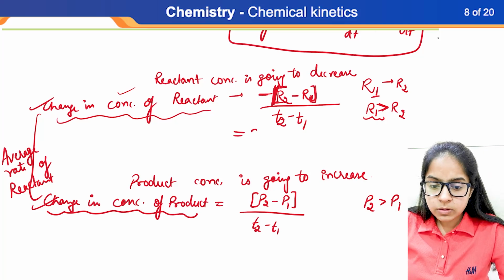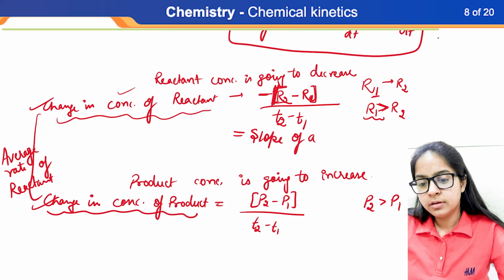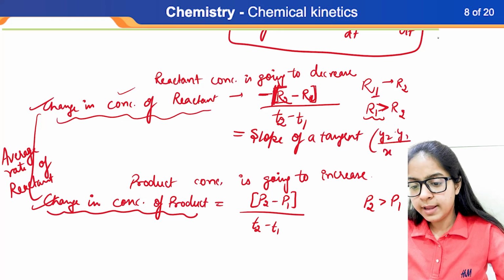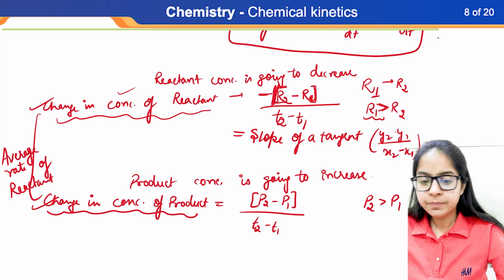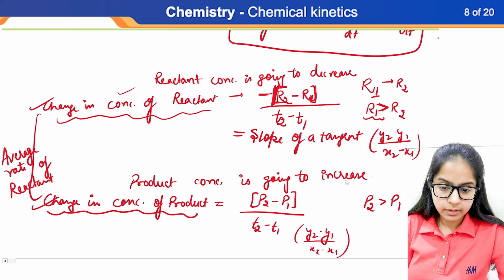Now this is also called the slope of a tangent, because slope is equal to y2 minus y1 upon x2 minus x1. Here also, y2 minus y1 upon x2 minus x1.